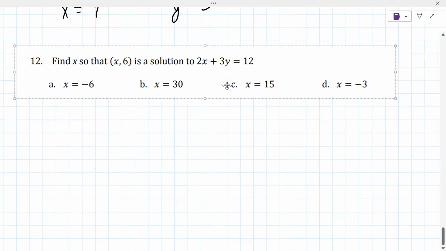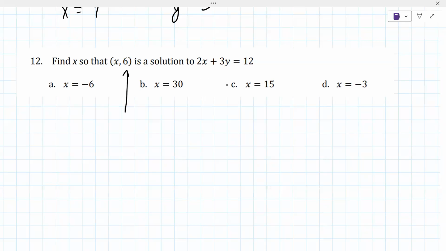Okay. So are they giving you X or Y here? They're giving you Y. Does that mean we won't know our X for the whole problem? Well, you're solving for X. All the answers are X's here.